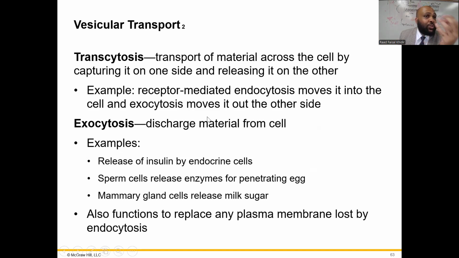So endocytosis is bringing in, exocytosis is sending out. Exocytosis is the discharge of material from the cell, and examples are the release of insulin by endocrine cells, sperm cells releasing enzymes for penetrating the egg, and the mammary gland cells releasing milk sugar. It also functions to replace plasma membrane lost by endocytosis.